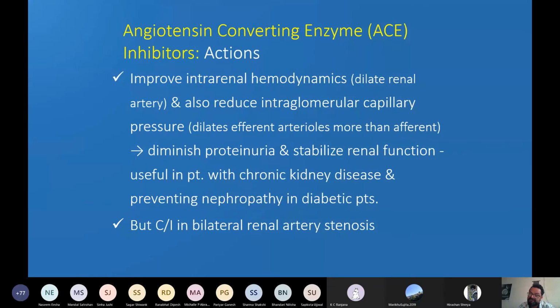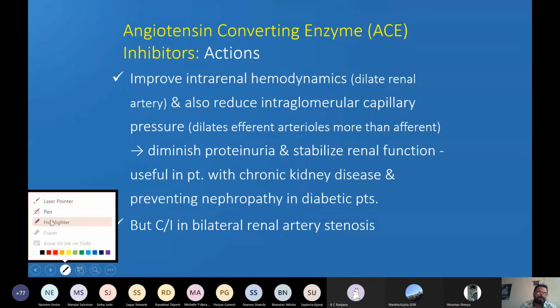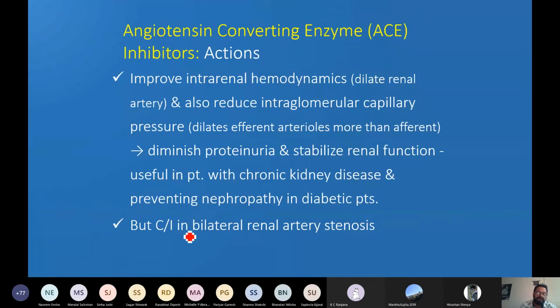And I'll try to remind you of the word bilateral. It is not a single kidney. It is bilateral. I mean to say both the kidneys. So why?